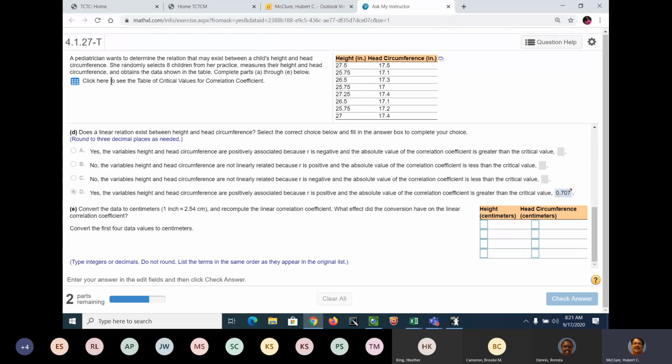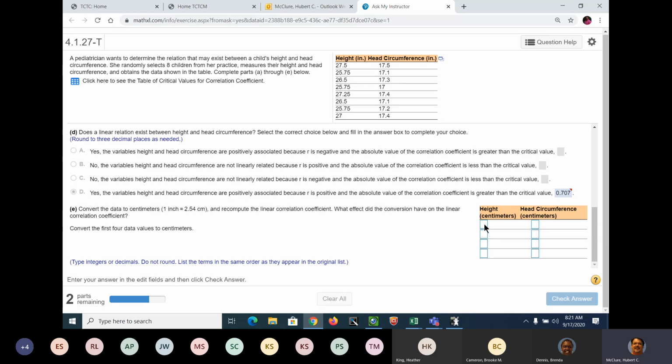I told you to write it down. I really don't care about this last part because to me it's not important. What they are trying to show you is if you change the units, will it change anything about the information? No. If you change the units, you're still going to get the same outcome. Write that down. If you change the units, it will not change the outcome.